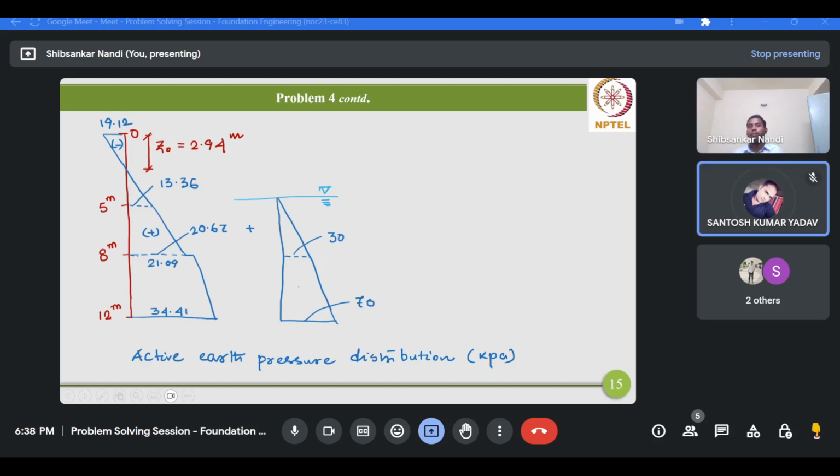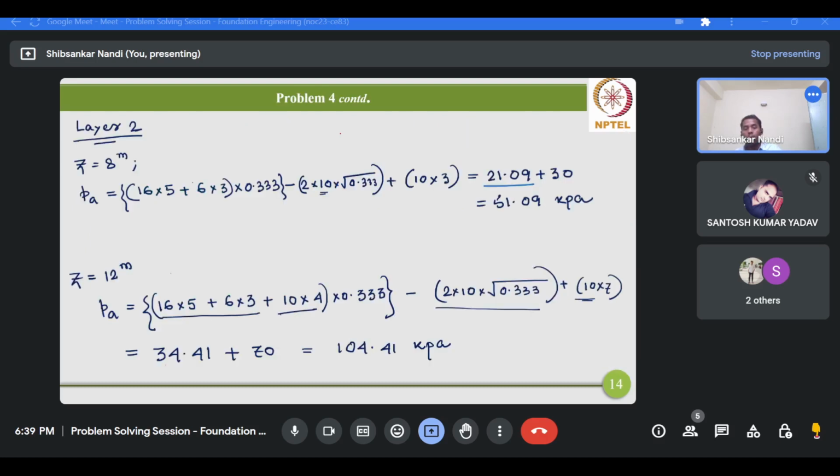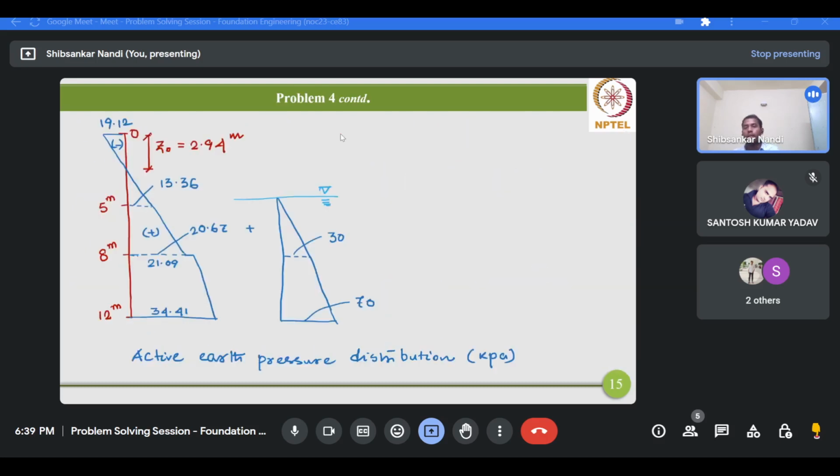Yes sir. Okay. Now we'll come back to the problem statement. In the problem statement, it was asked that we have to find out the total lateral force that would act on the retaining wall under active earth pressure conditions after the formation of tension crack. So you have to be very careful. We solved a similar kind of problem in the last session.